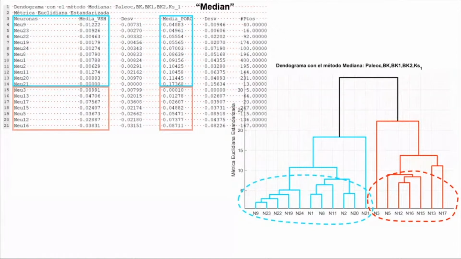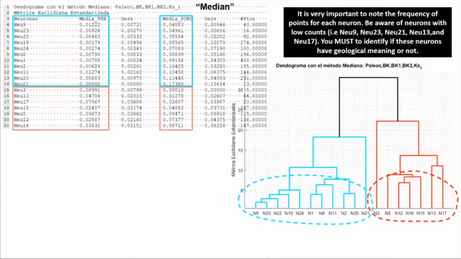Cluster number 2, the neurons in red, have larger values of V clay with respect to cluster 1, and have porosity values ranging between 0 and 8%.